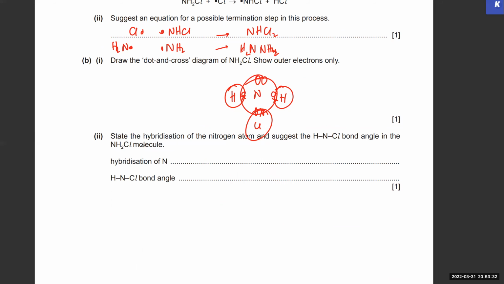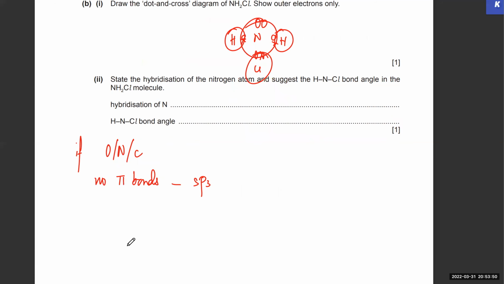Now remember this, especially for oxygen, nitrogen, and carbon: if there are no pi bonds, that is sp3. All single bonds, that's sp3. If one pi bond, like one double bond, that's sp2.